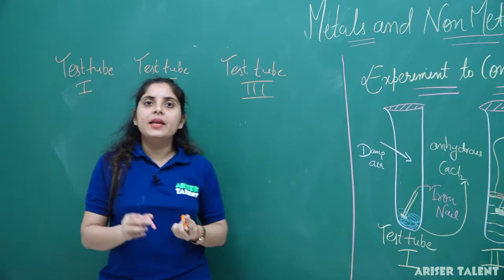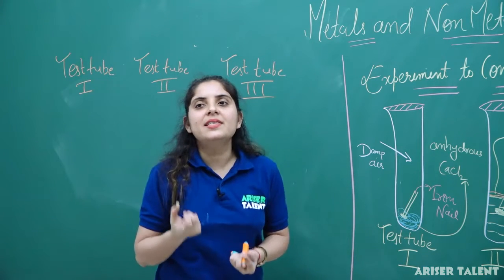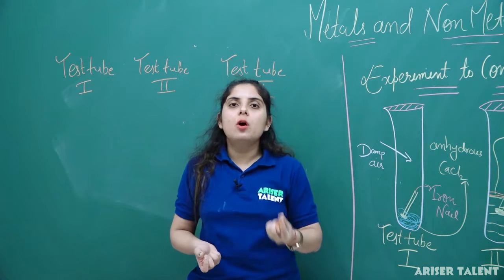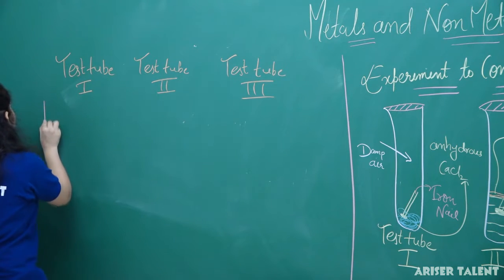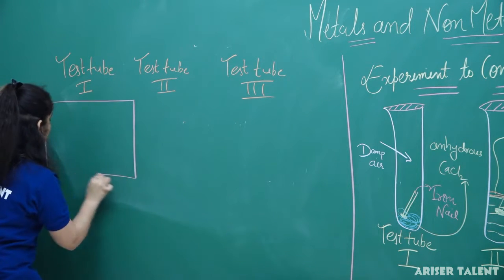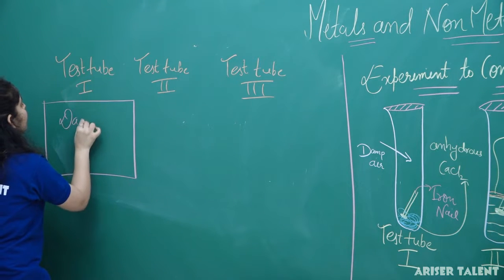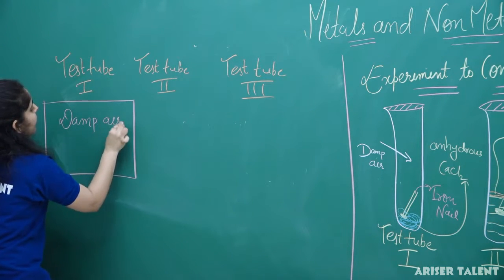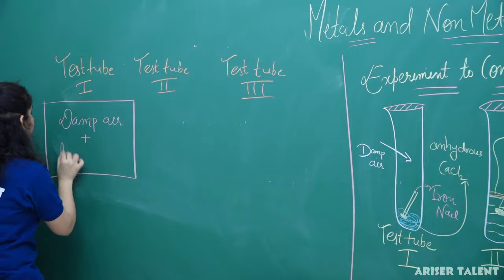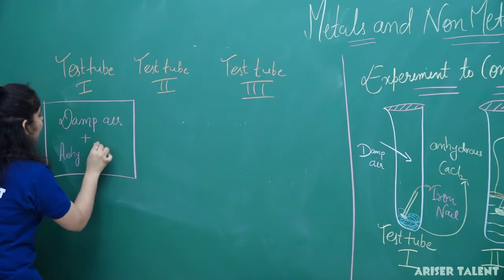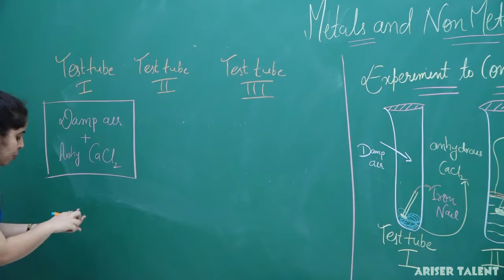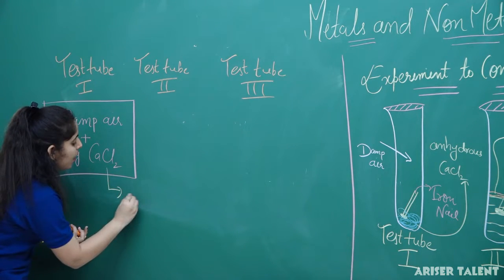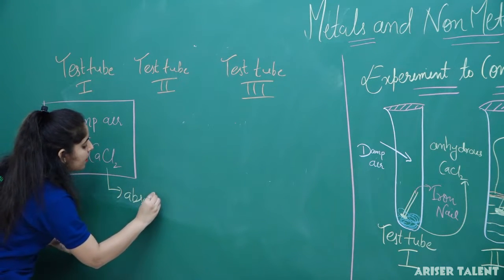I am again repeating, we have added the anhydrous calcium chloride so it will absorb the moisture from the air. So, in the first tube, we have damp air plus anhydrous calcium chloride, added to absorb moisture from the air.